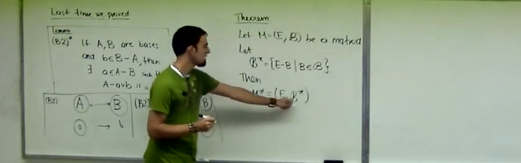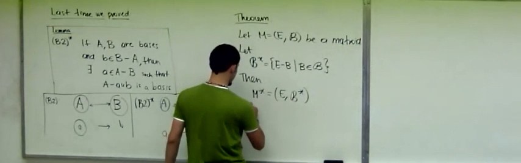We said M star equals E comma B star is a matroid.